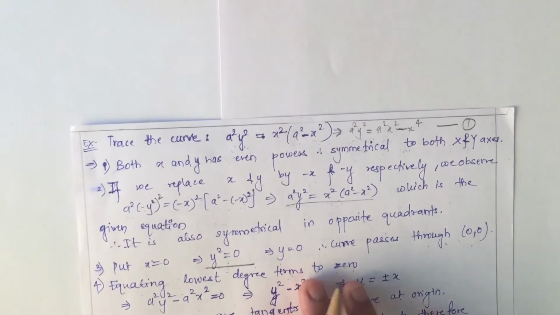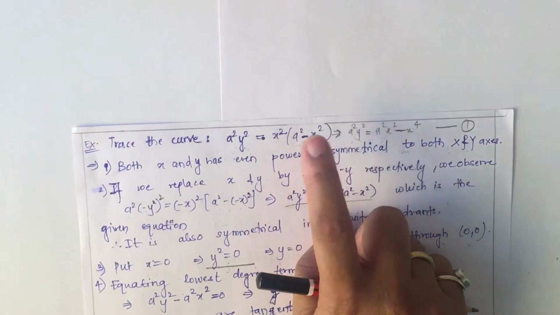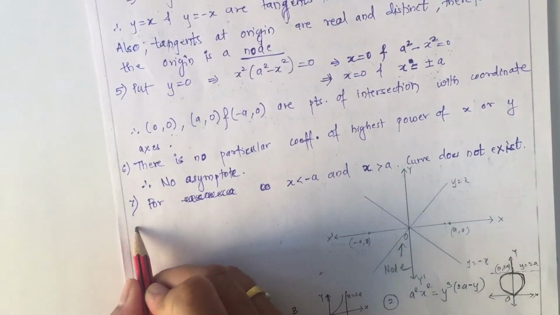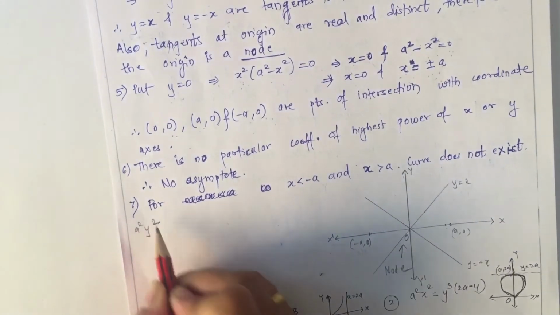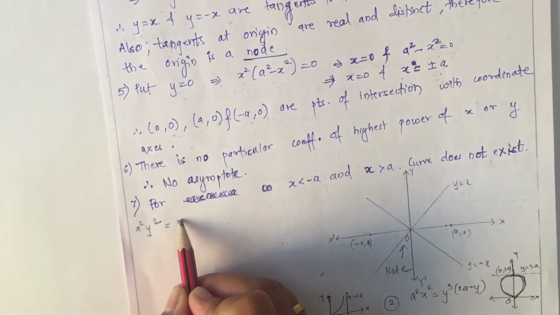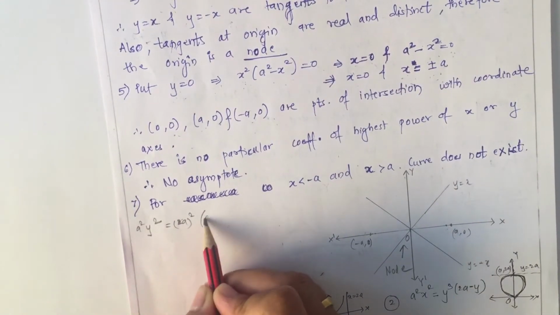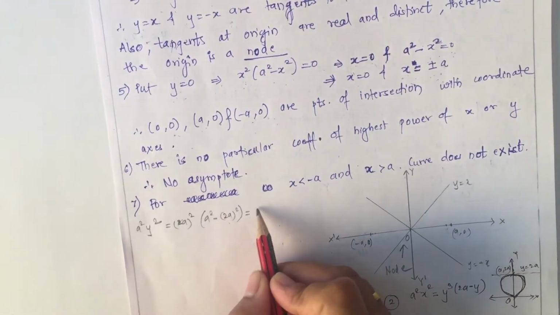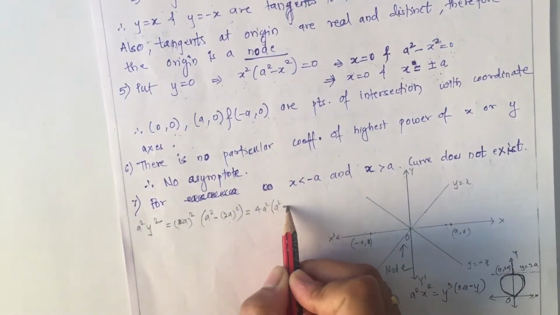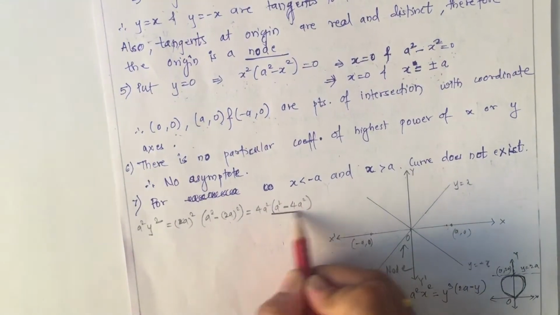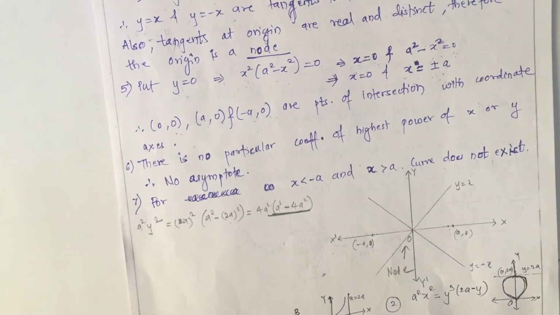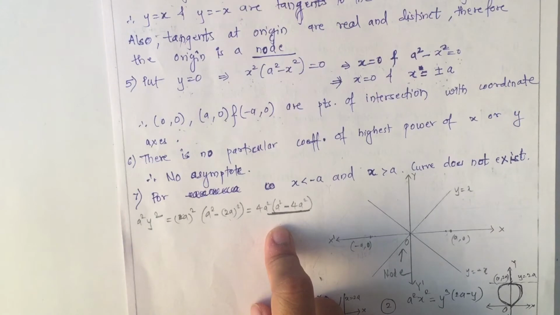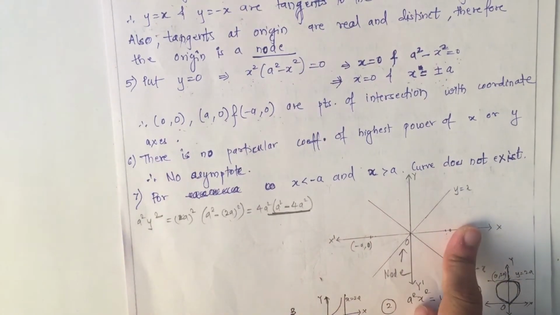Now if we substitute x equal to some value greater than a, suppose x equal to 2a, we get a square y square equal to 2a square into a square minus 2a square. So this will become 4a square into a square minus 4a square, which obviously is a negative term. That means y will be imaginary. So obviously the curve will not exist beyond x equal to a.